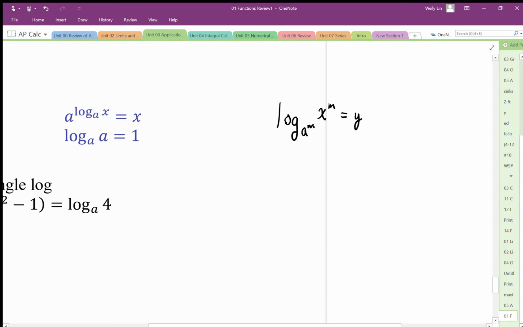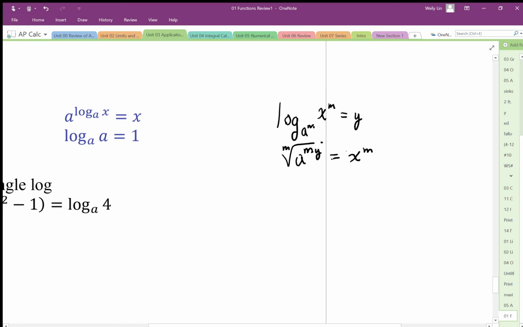Okay, so that means that if I put this in exponent form, it's going to look like this: a to the power m y equals x to the power m. So you can see that when we put that in exponential form, this m and this m are exponents on both sides. So we can reduce that power.